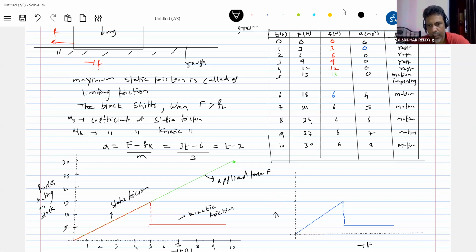This is the limiting friction. This is the applied force. So what is this graph? Friction, and this is the applied force.